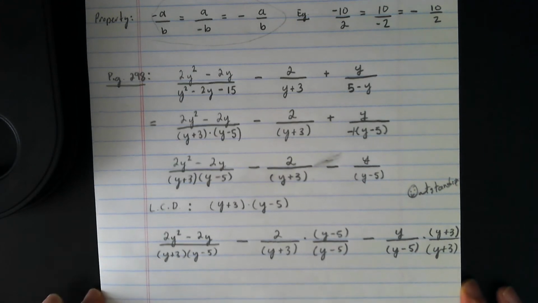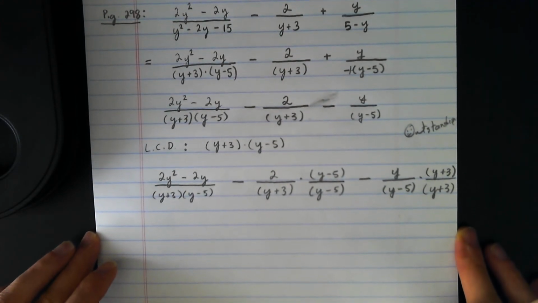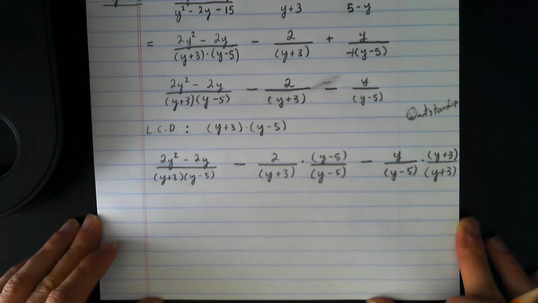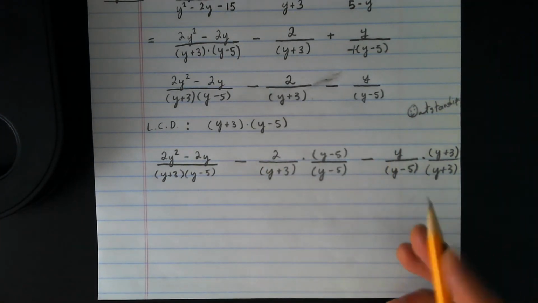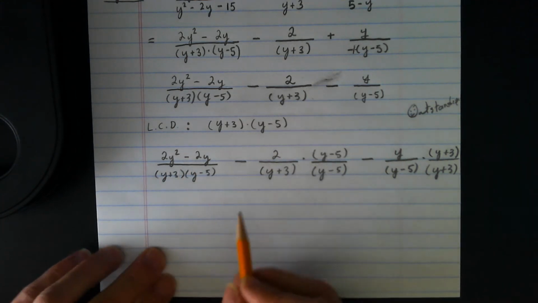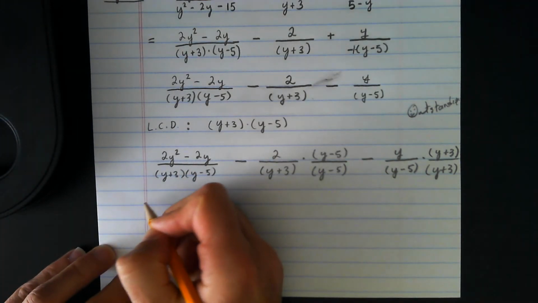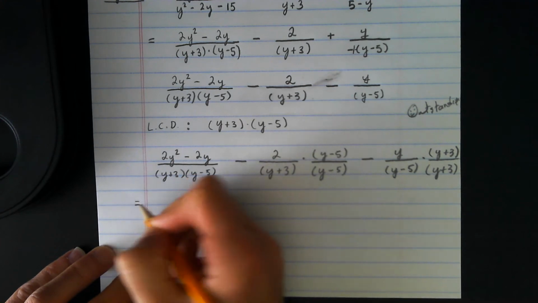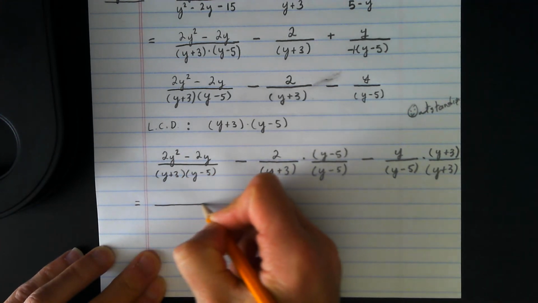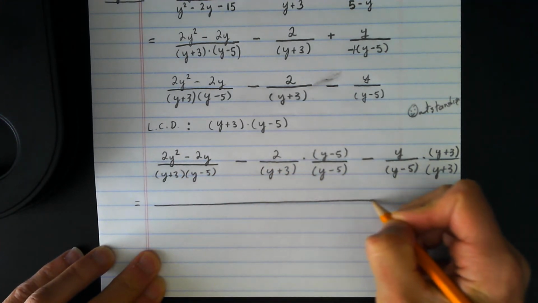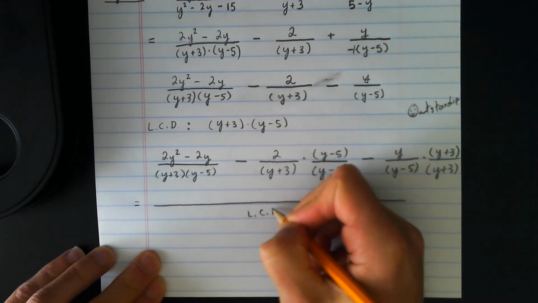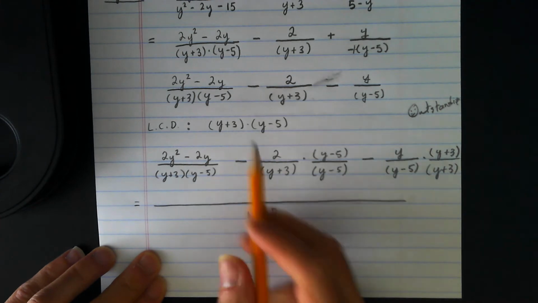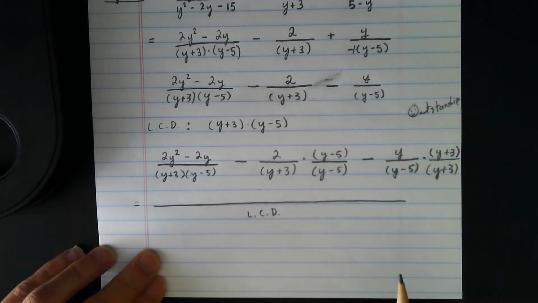Okay, so let's just write this as a single fraction, and again, we have to be very careful with these minus signs. We're going to use that same trick as we used in the last question, which is instead of writing y plus 3, y minus 5 in every step, I'm just going to write least common denominator. I know that's y plus 3 times y minus 5.